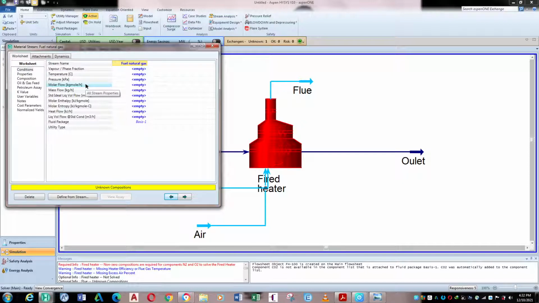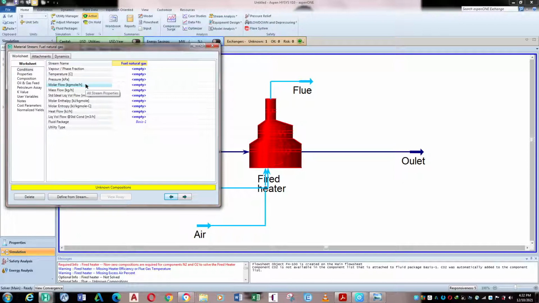Okay, you see the flow rate is missing, so there's no green color on that tab, because it's one of our objectives to find out how much natural gas will be needed to elevate the temperature of the feed stream at 480 degrees Celsius to 1000 degrees Celsius.